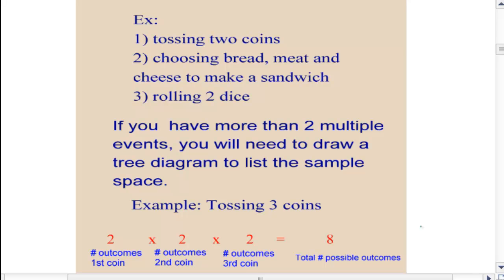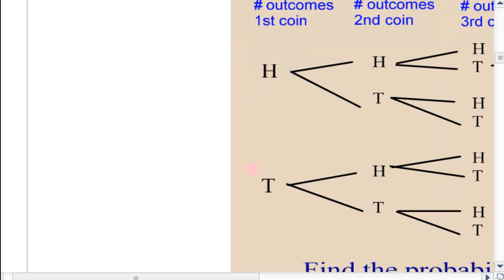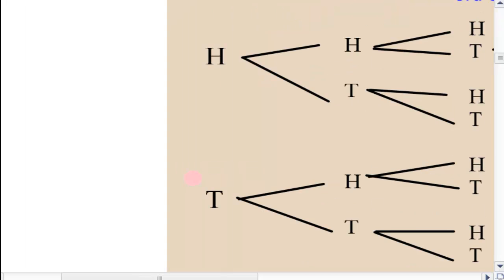Now we're going to use a tree diagram to show all our possible outcomes. Here is our tree diagram. On the far left, we have a list of all the possible outcomes for our first event. We can get heads or tails with the first coin that we flip.